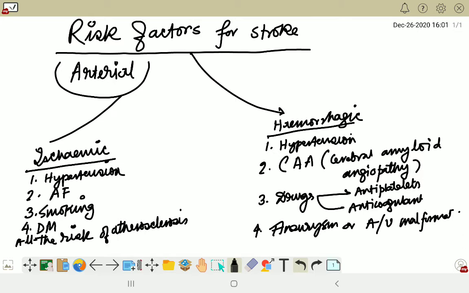For ischemic stroke, number one hypertension, number two atrial fibrillation, number three smoking, number four diabetes mellitus, and then all the other risk factors for atherosclerosis will come into the risk factors for ischemic stroke.